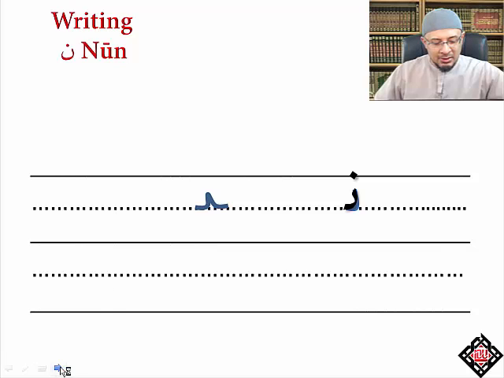Let's go forward, and noon as the middle letter. Noon as the middle letter is written like this. Very similar, I'm just going to make a little connection here. Seen, noon. See here we have the connection, and here it connects again to something else.